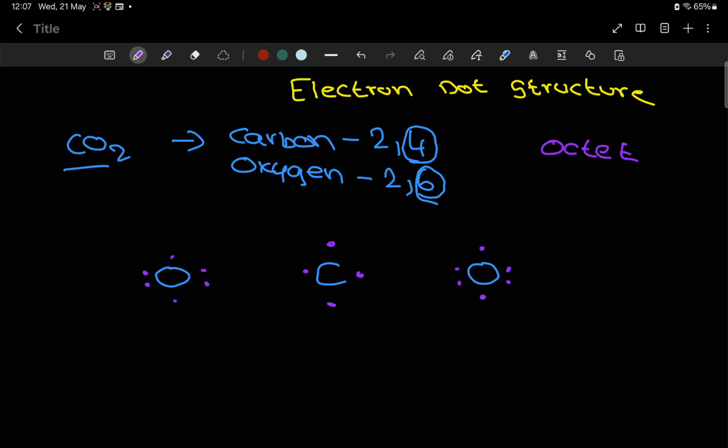Now carbon has 4 electrons in its valence shell, right? So how many electrons does it need to attain its octet configuration? It needs 4 electrons, right?